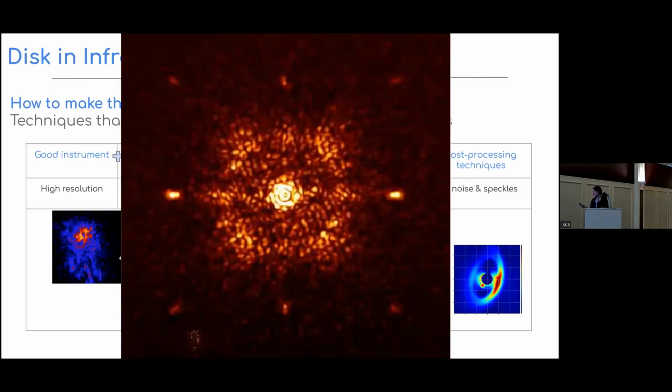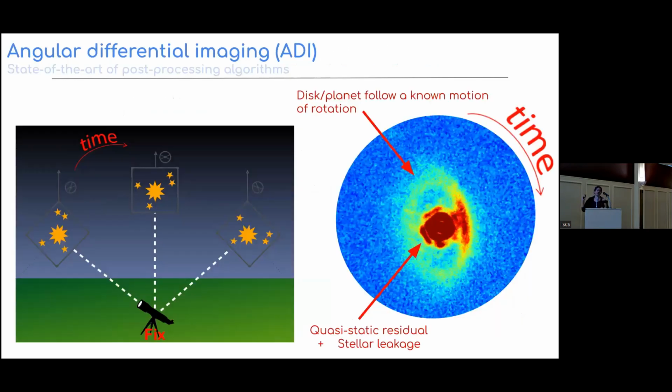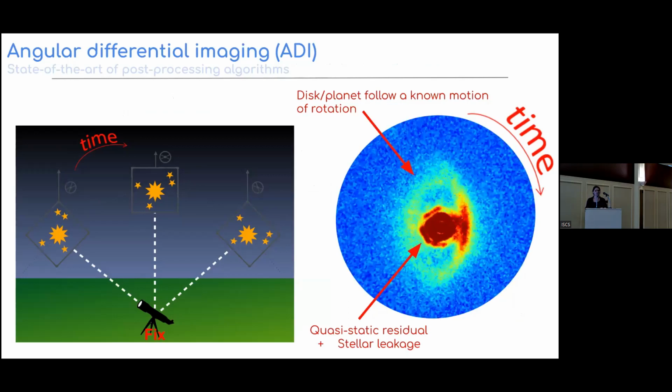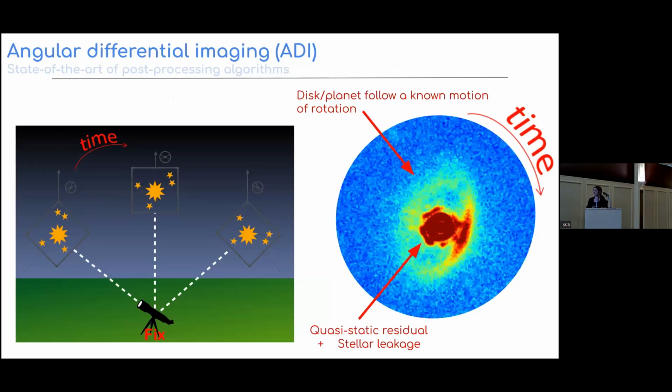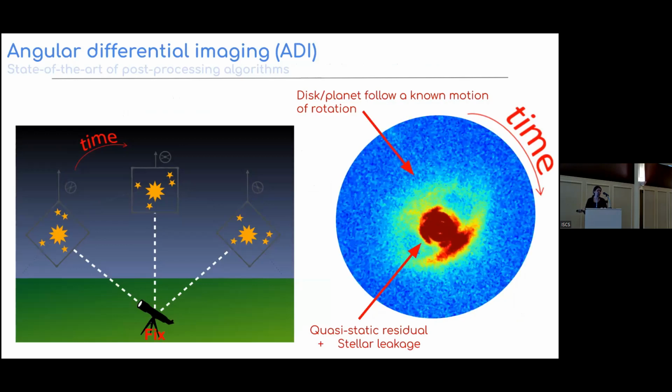To do that, we have the help of an observing strategy so that we will be able to distinguish speckles from signal with post-processing. One of the most commonly used observing strategies for infrared or near infrared is angular differential imaging.